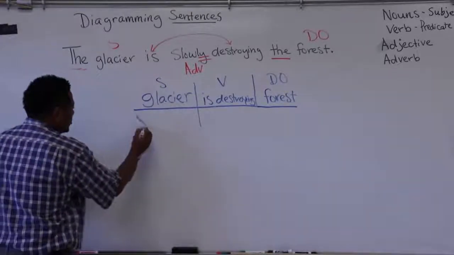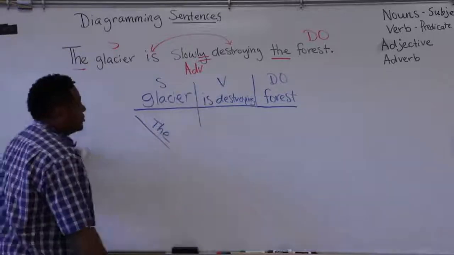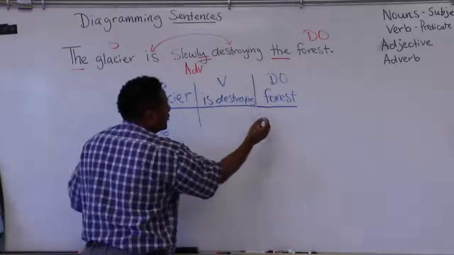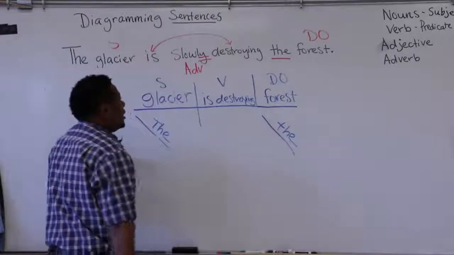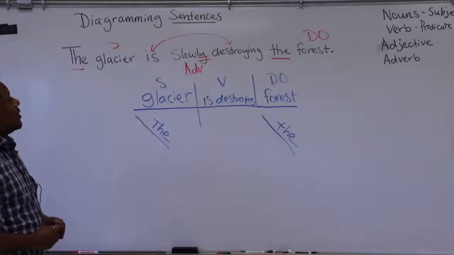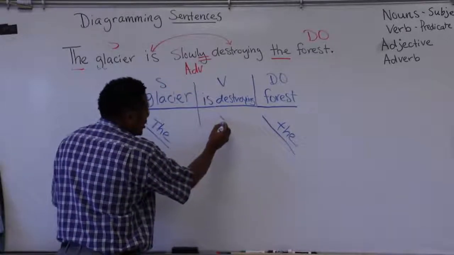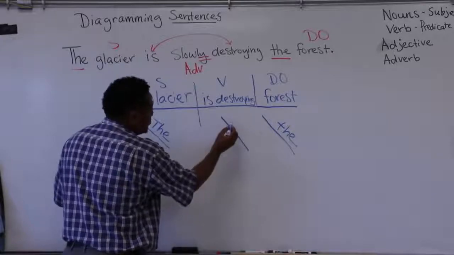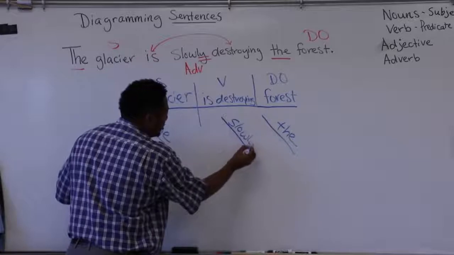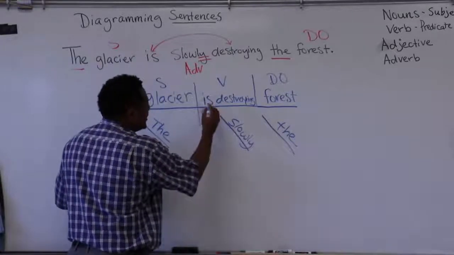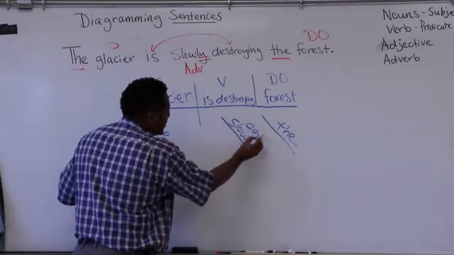The, which goes on a slanted line, and we have the forest. And what we do with adverbs, they go under the words that are being modified. So slowly is modifying is destroying. And slowly is an adverb.